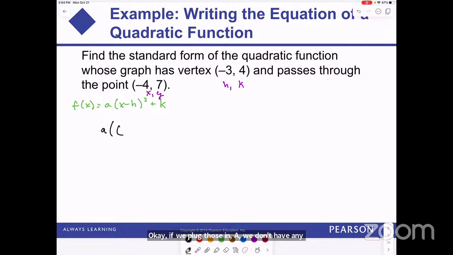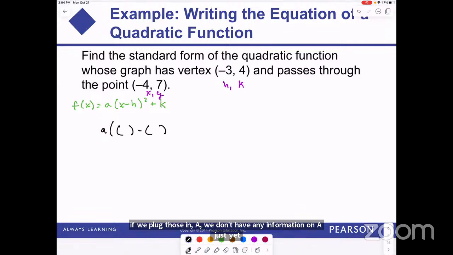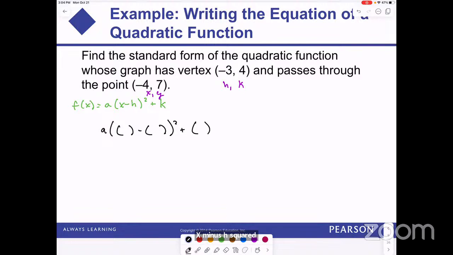a times x minus h squared plus k equals y. So our x is -4, our h is -3, our k is 4, and our y is 7. At this point, we have one equation, one unknown, so we can solve. We have a double negative at play.